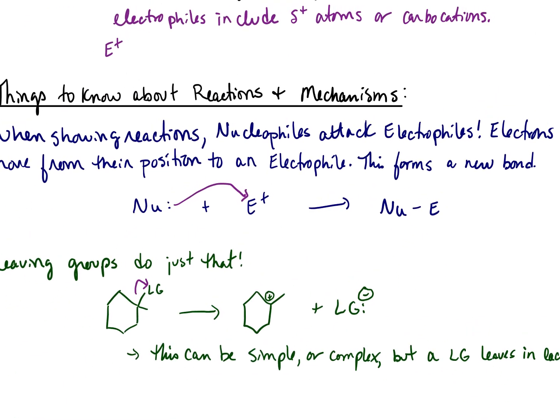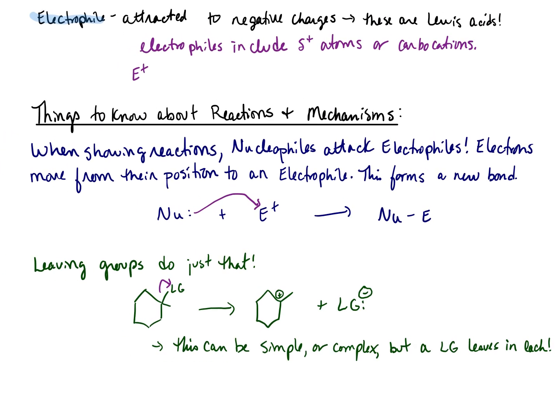So when we're talking about reactions and mechanisms, what we're trying to also think about is that when we're showing reactions, nucleophiles are what attack electrophiles. Electrons are what is going to move. You don't go up and high five somebody with their kidney, okay?